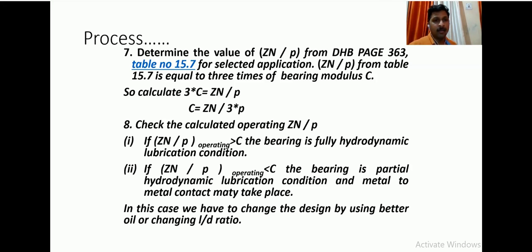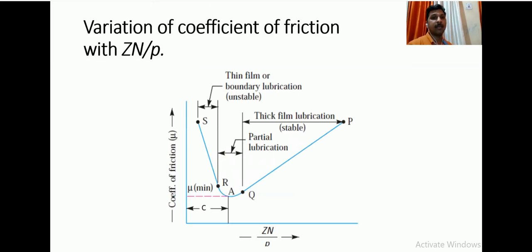Then we will go to step number 9. Again, I have drawn a coefficient of friction versus Zn by P. This is the bearing modulus, and we always want to run our bearing above this value.